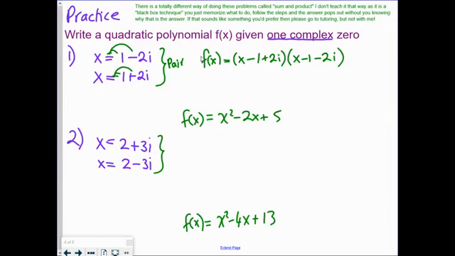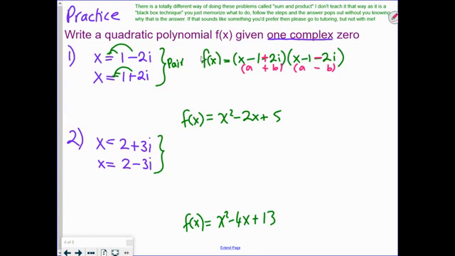Look for difference of squares. Those have got the same beginning and the same end. They've both got x plus 1, they've both got 2i, but they're different here. So that's telling you you've got difference of squares again. So this is going to be, that's your a plus b, and this is your a minus b.